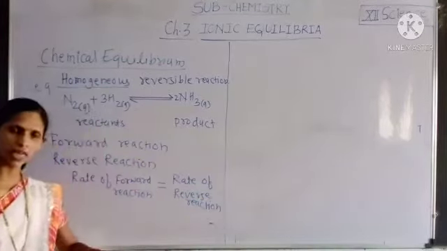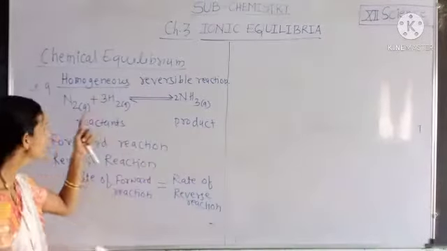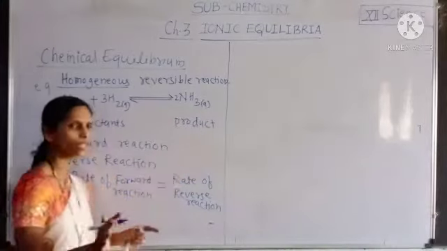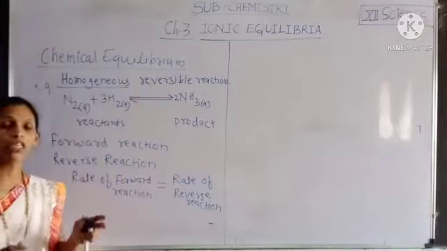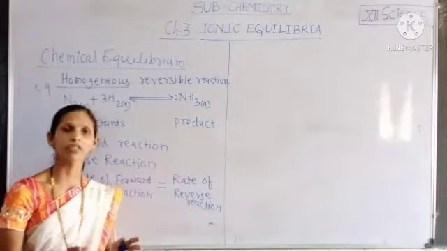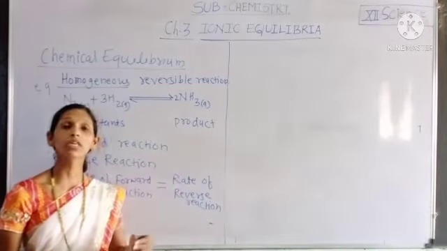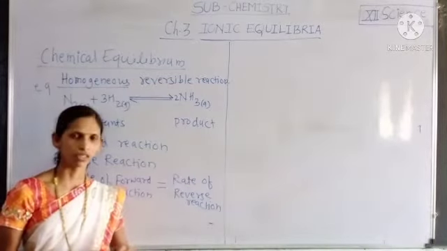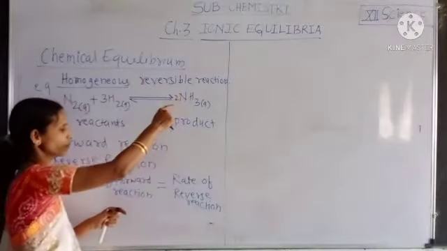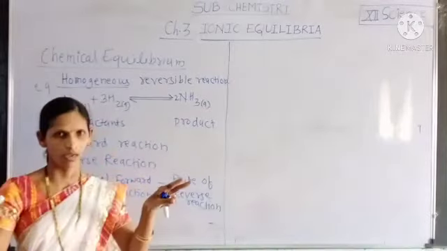at that stage equilibrium is attained between reactants and products. That means what is chemical equilibrium? It is a state of a chemical reaction, a state of a chemical process. It is a state of a reversible chemical reaction in which the rate of the forward reaction and the rate of the reverse reaction are equal.